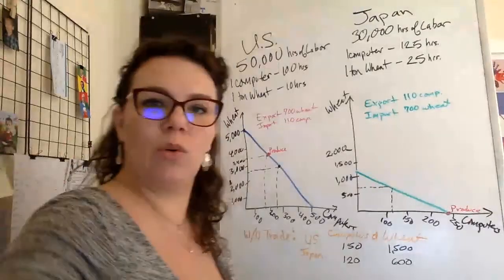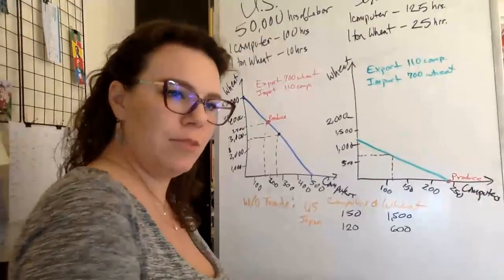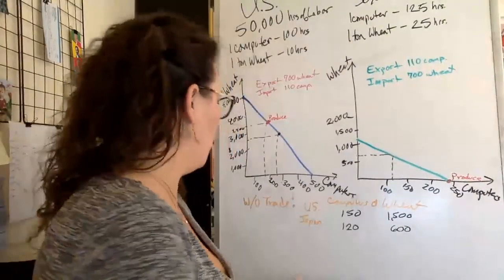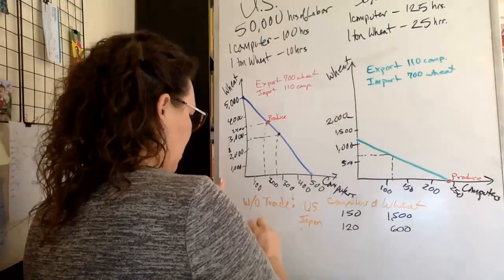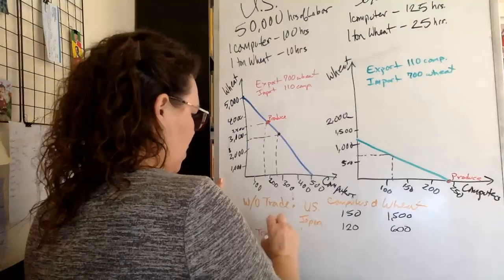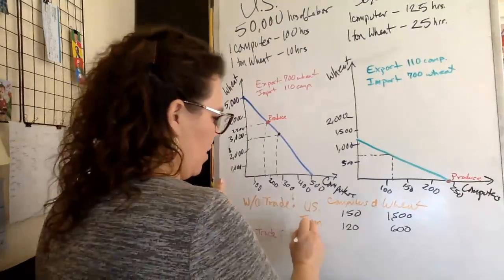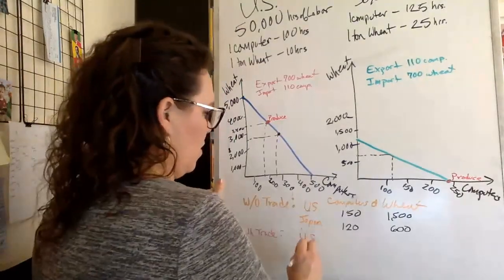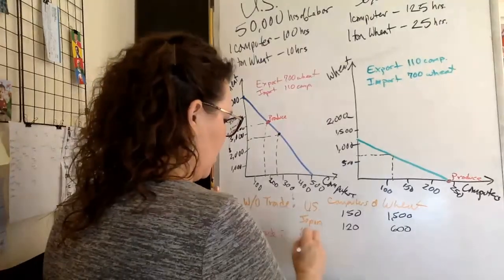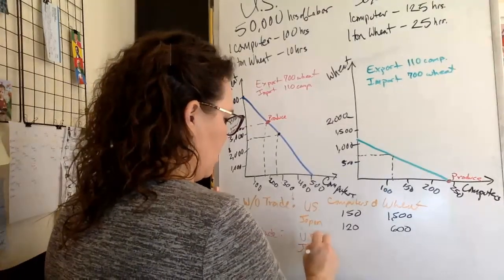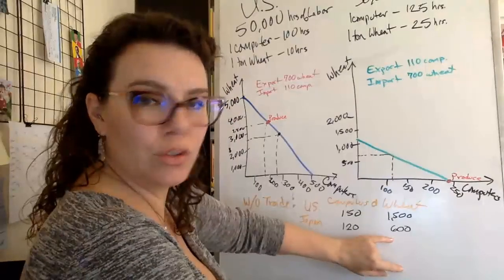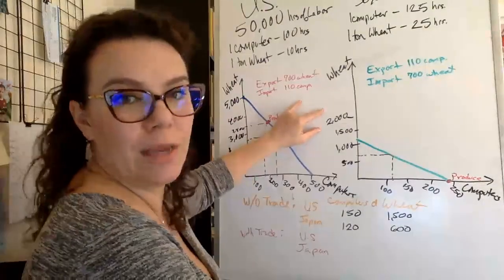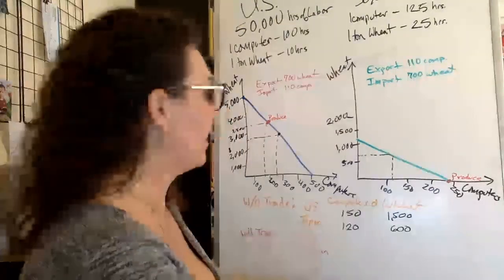I'm going to kind of tilt this down so you can see more. So now with trade, the US and Japan are going to have the computers and wheat they produce and the computers and wheat they import, not the stuff they export.